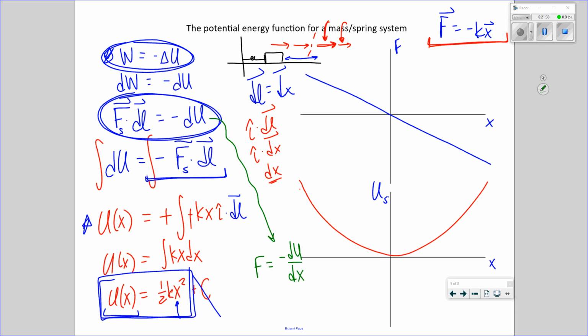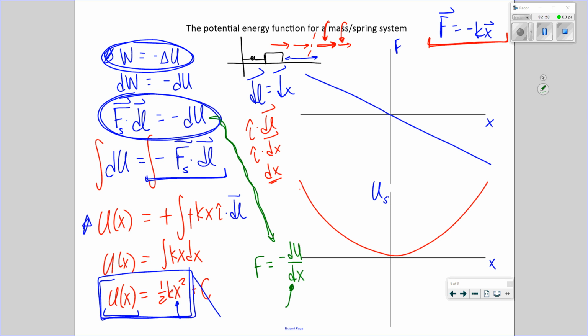I'm going to say dx because there's only motion along our x-axis. Do you get what all I did was algebraically rearrange here? It says that the force function is the negative derivative of the potential energy function.